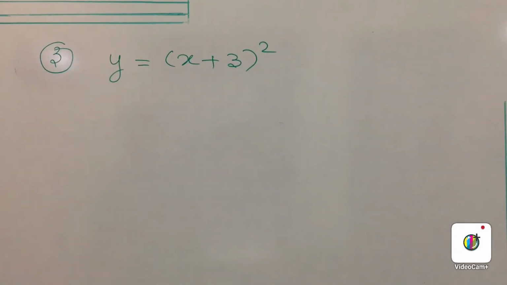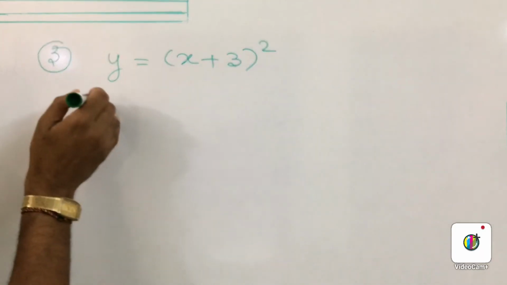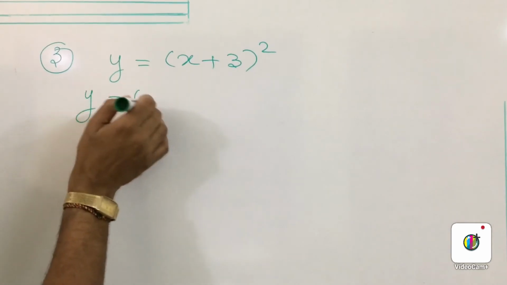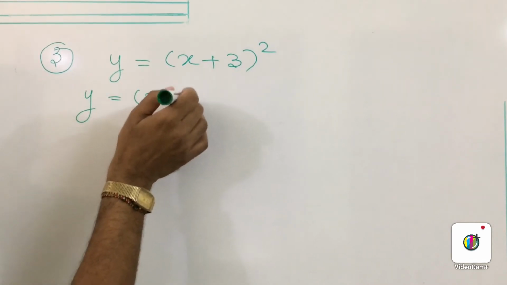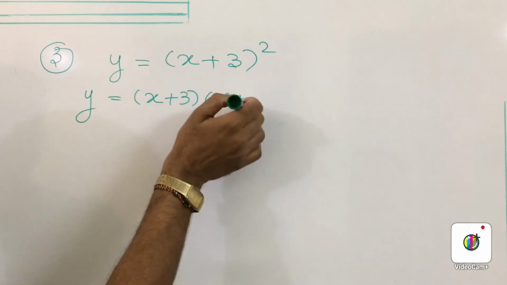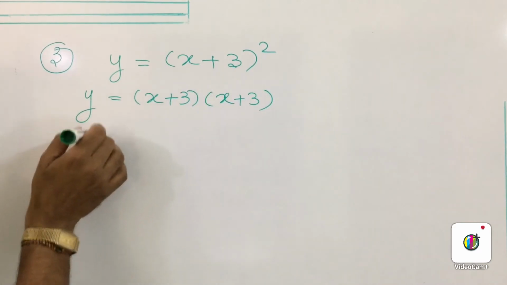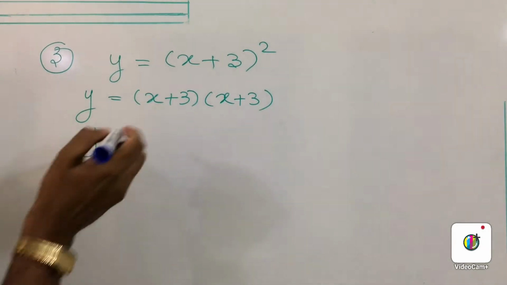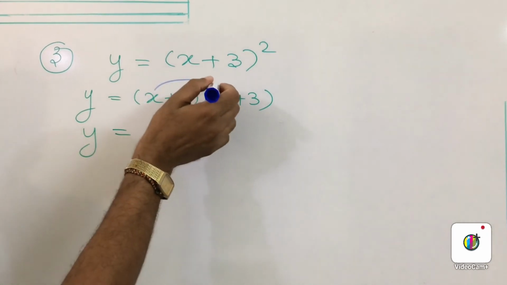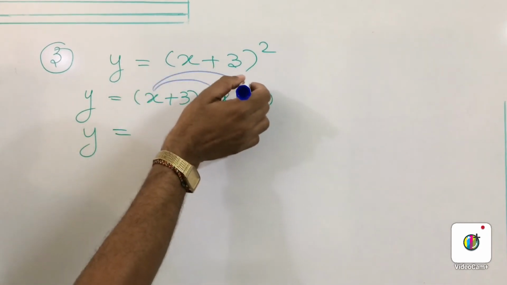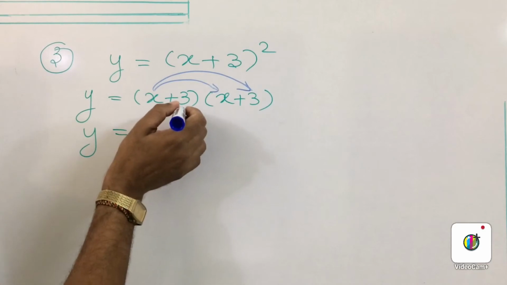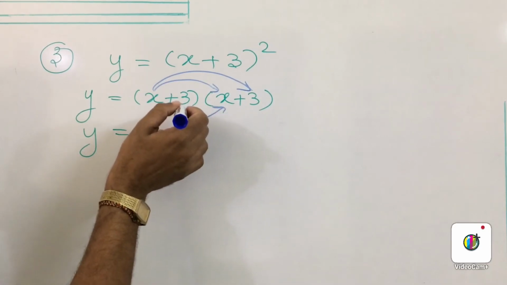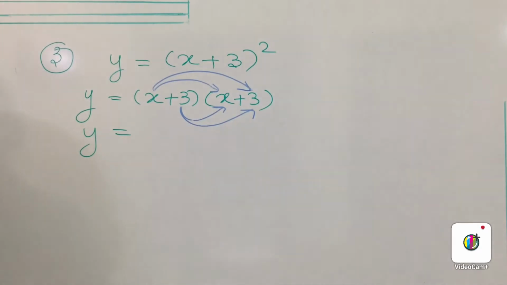Now we'll see the third question, y = (x + 3) whole squared. You should expand this. Therefore, y = (x + 3)(x + 3). After that you should multiply. Take this x and multiply to this, and take this x and multiply to this; take this 3 and multiply here, and take this 3 and multiply here.